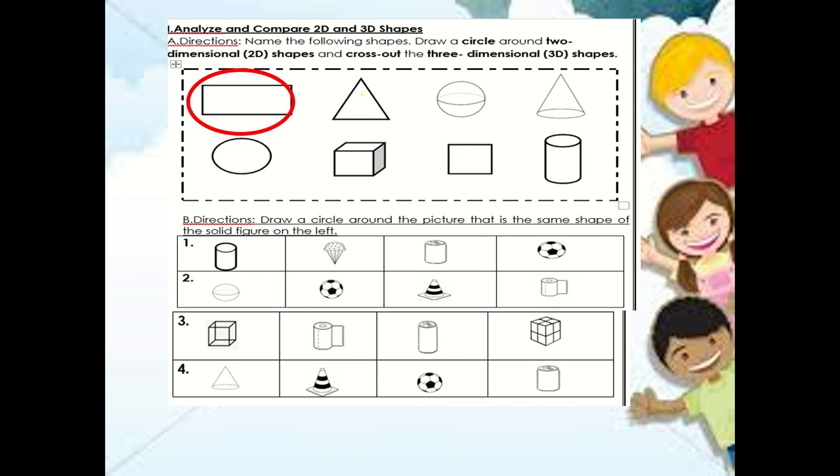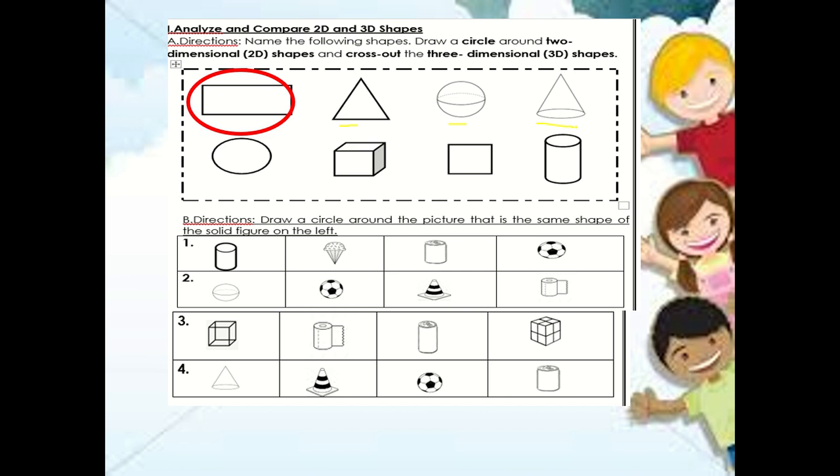Next picture is triangle. Is this 2D or 3D shape? Next, sphere. Is this 2D or 3D shape? Okay, let's proceed. Cone. Circle, 2D shape.